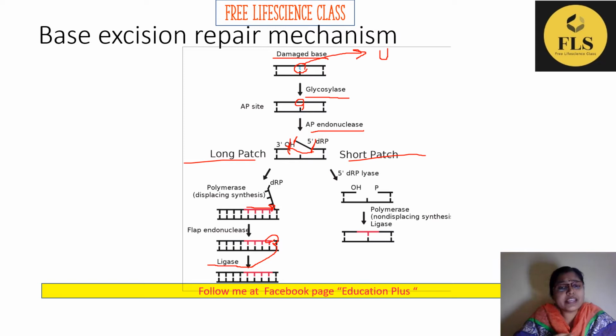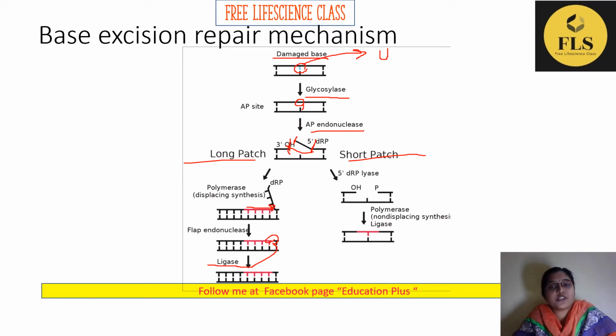Here, in case of long patch, what happens is that another enzyme, a flap endonuclease, also comes and helps in the removal of this segment. So one endonuclease will remove this segment, and the other endonuclease known as flap endonuclease will cleave the other end.